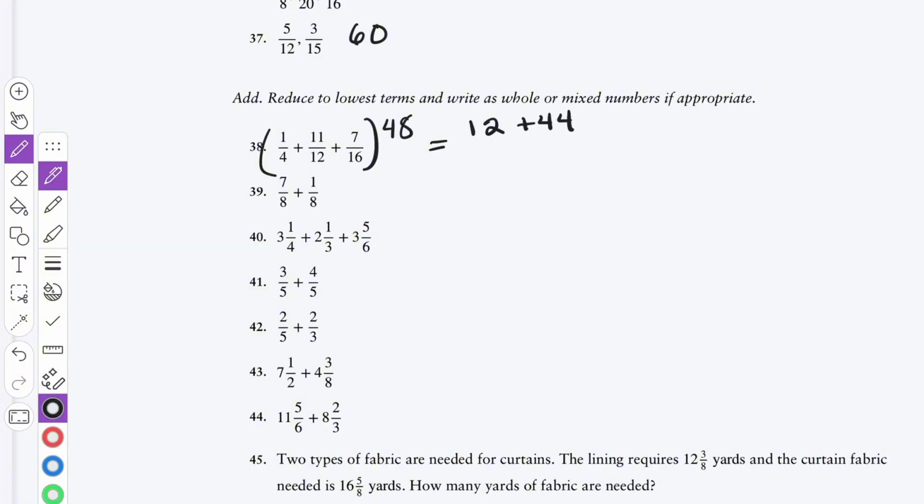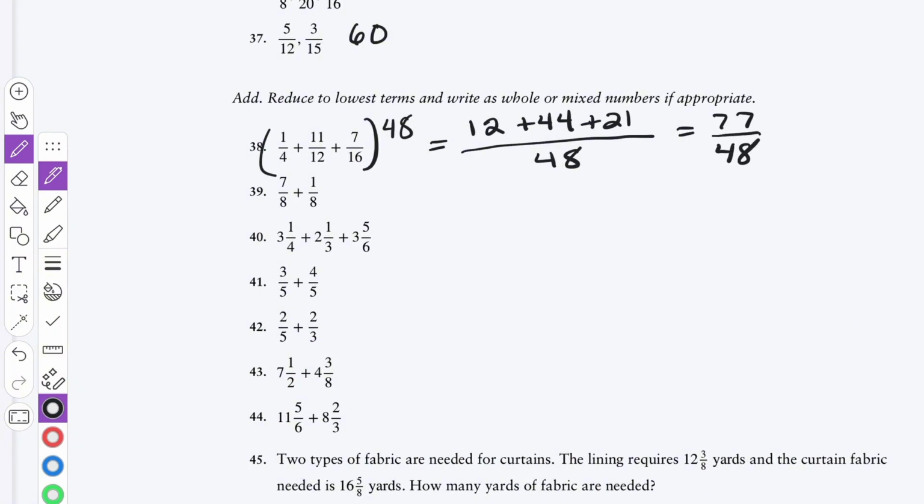And then 48 divided by 16 is 3. So that would be 21. And then I write all of that over 48. Okay. And when you add all those together, 12 and 21 gives me 33. And 33 and 44 is 77.